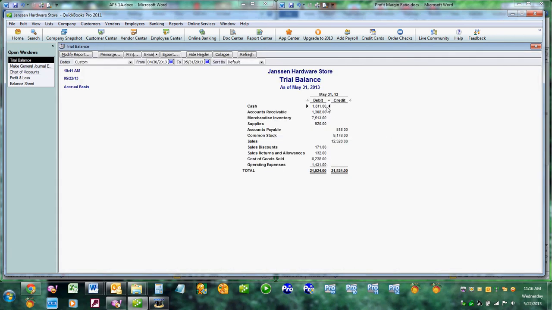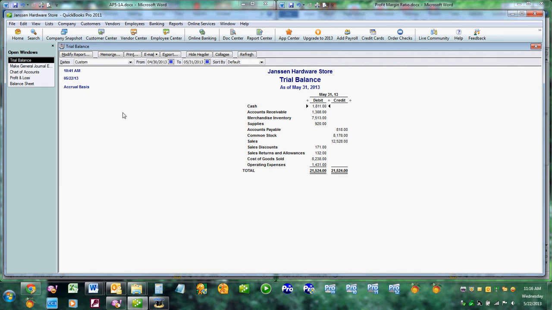Then from there, we do the T accounts, and it gets represented in QuickBooks as a trial balance, with the debit balances here: debit balance of cash of $18.11, accounts receivable debit $13.08, merchandise inventory debit $75.13, supplies debit $9.20, credit to accounts payable $8.18, credit to common stock $81.78, sales $12.528 credit, sales discounts $171 debit and $132 for sales returns and allowances debit, cost of goods sold debit of $82.38, operating expenses $14.31 debit.